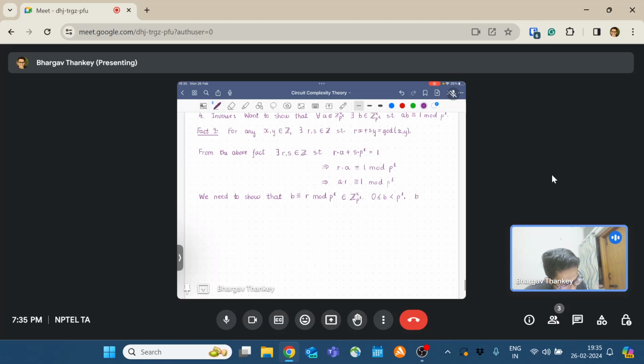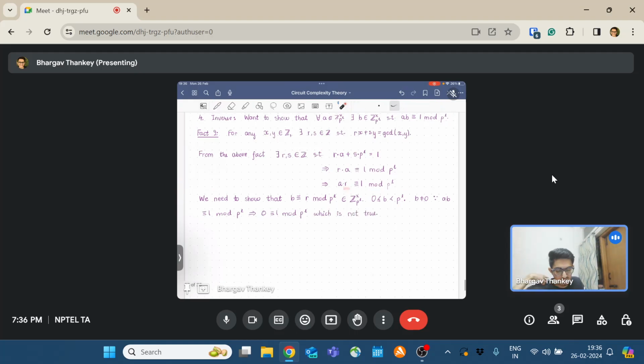So B is not 0 because A B equals 1 mod P to the L would imply 0 is 1 mod P to the L, right? Which is false. All I did was replace B by 0 over here, and that would mean 0 and 1 are the same mod P to the L, which is not true.